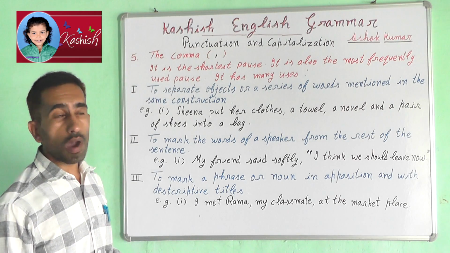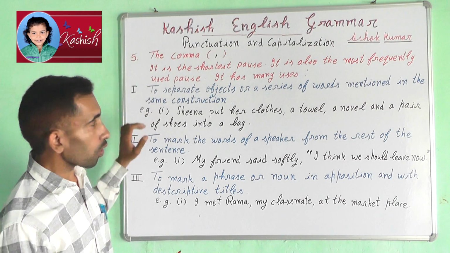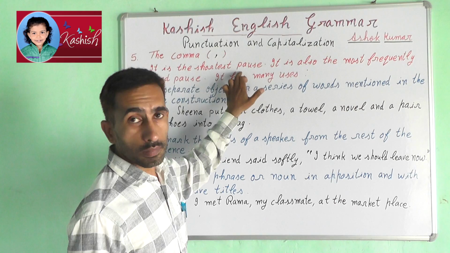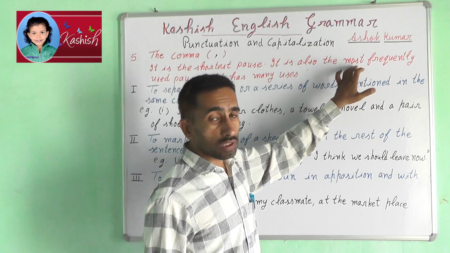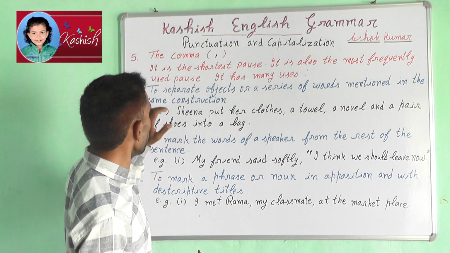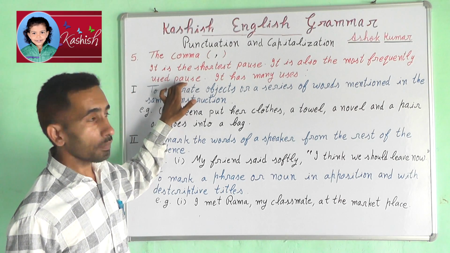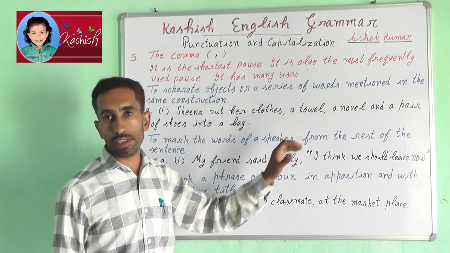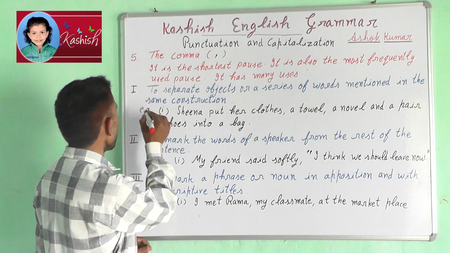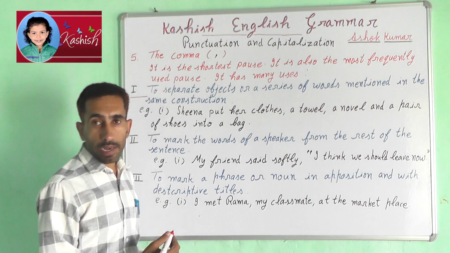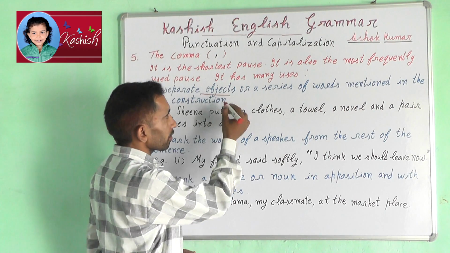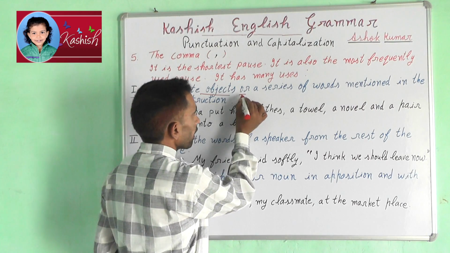Fifth, the comma. It is the shortest pause. It is also the most frequently used pause. It has many uses. First, to separate the objects in a series.